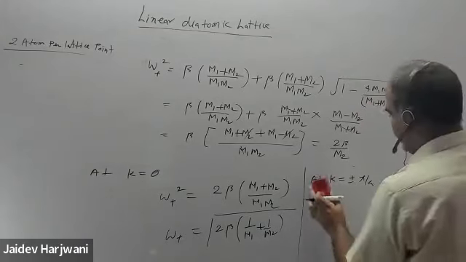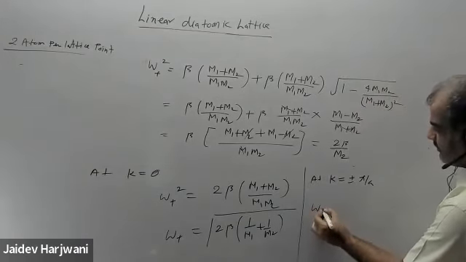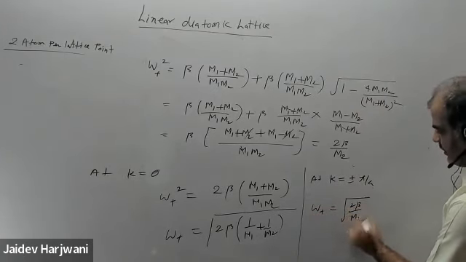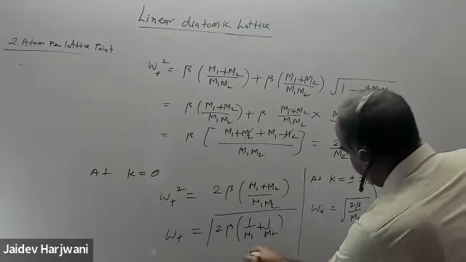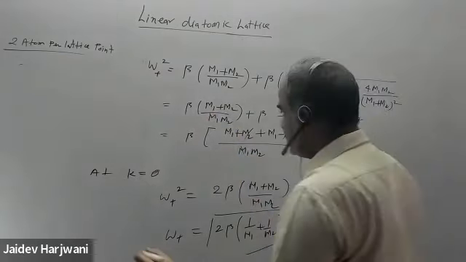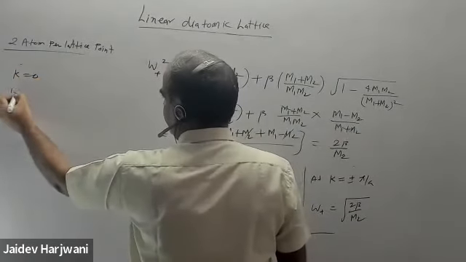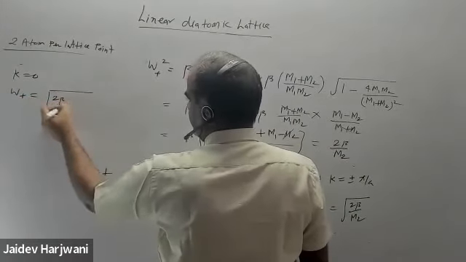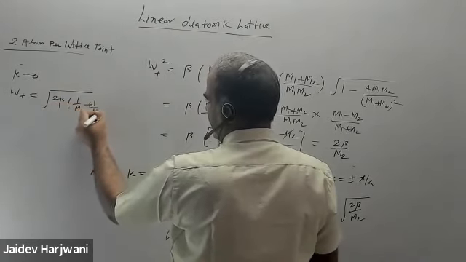So now I can write at k equal to plus minus pi by a, omega plus value is under root 2 beta upon m2. I am writing this value at one corner, we will use it. So at k equal to 0, I have omega plus is under root 2 beta (1 upon m1 plus 1 by m2).